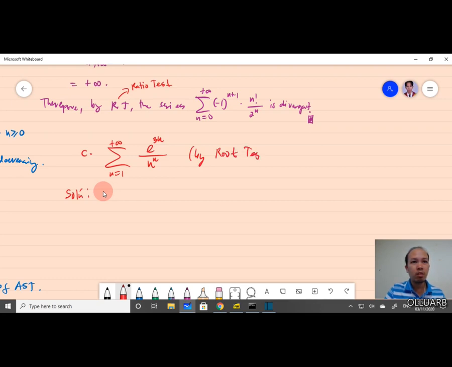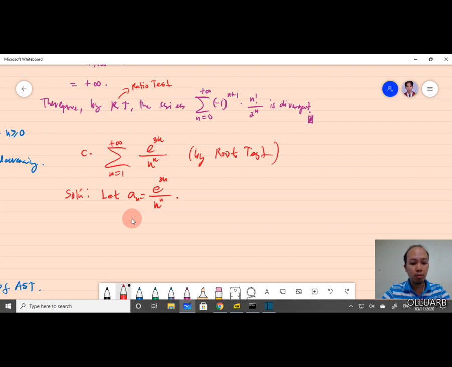Okay, root test. Again, we have to let a sub n be equal to e to the 3n over n to the n. I think I forgot to look at the assumption of the root test.